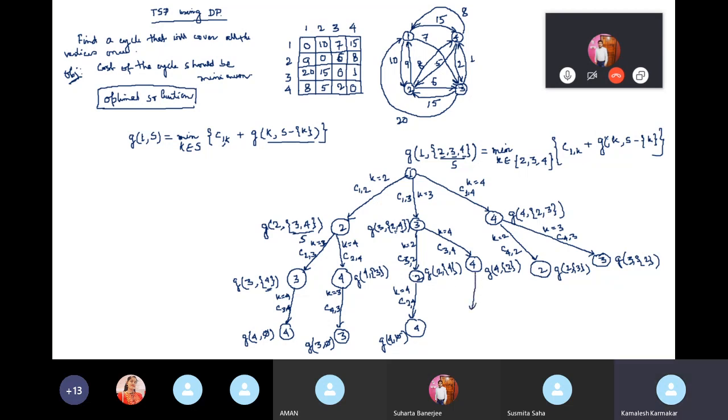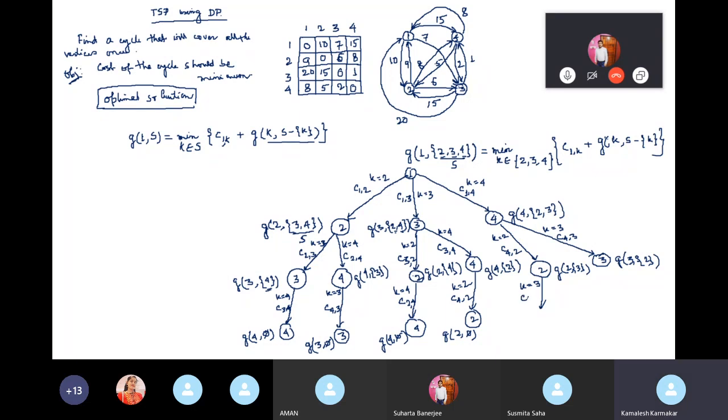Similarly, expand this one. If we expand it, then k equals 2. So the cost of this edge is 4, 2. The next vertex is 2, and the remaining function is G of 2, 5. From this one, k equals 3.